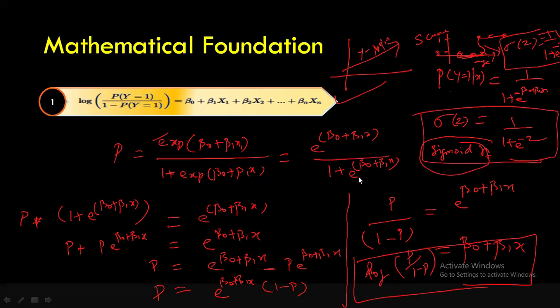Since it is in the denominator, it is 1 and e to the power minus z. So 1 divided by 1 plus e to the power minus z. How did we arrive at this? That is what I explained in yesterday's session. You can watch that video. You are clear with that, right? Okay, fine. But I did not discuss the sigmoid function in yesterday's session. Now I have clarified that.